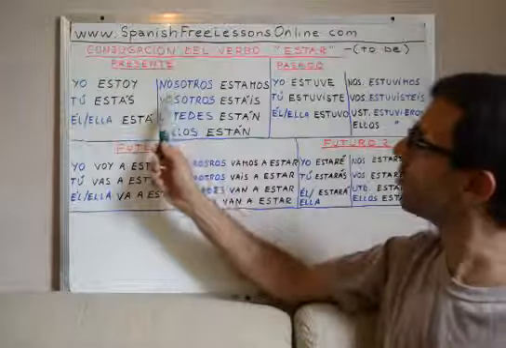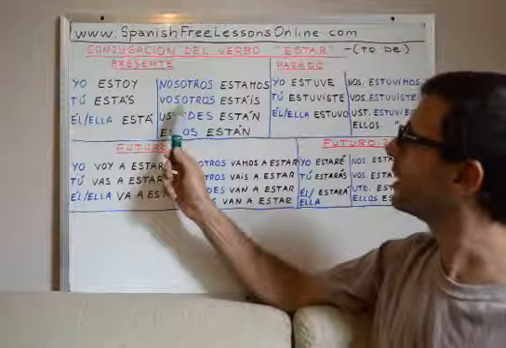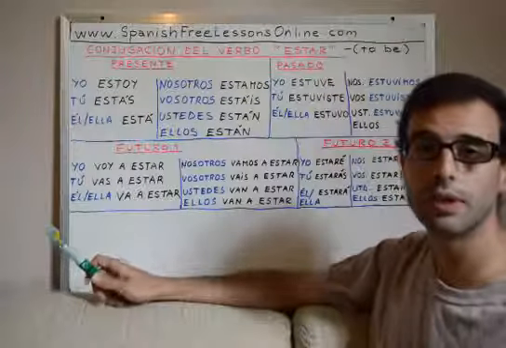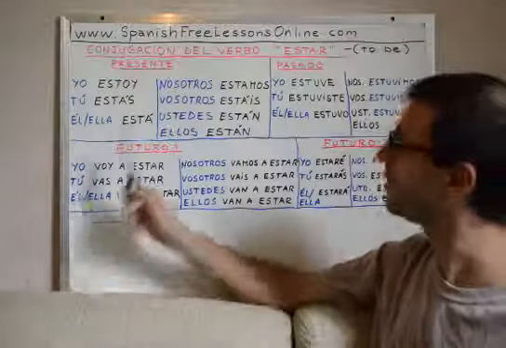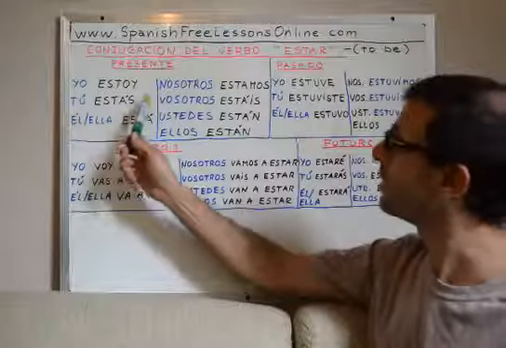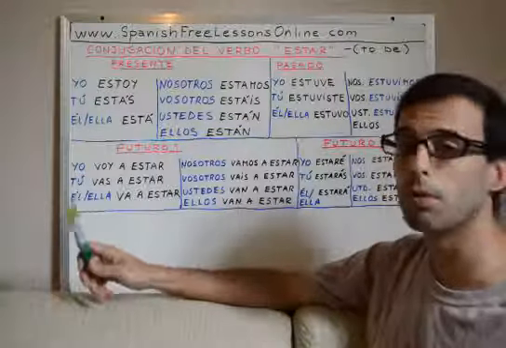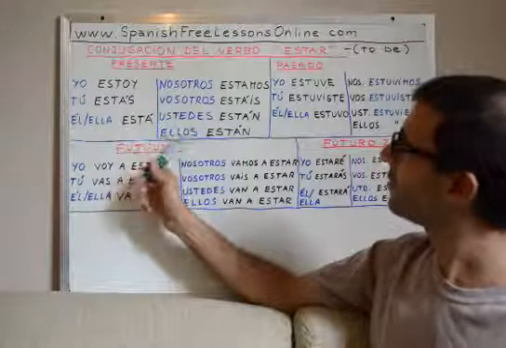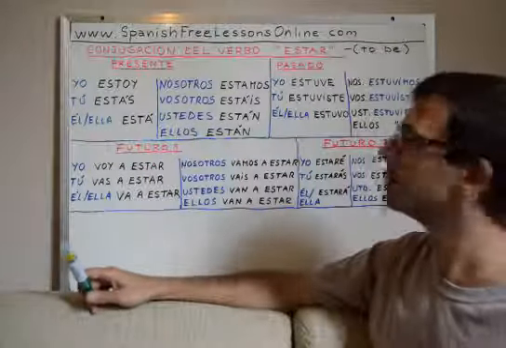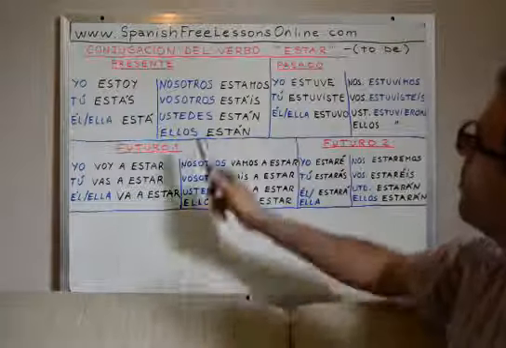Remember that vosotros is as it's spoken in Spain, and ustedes, that's how they speak in Latin America, okay? So vosotros and ustedes are synonyms, they mean the same thing, only that this one is used in Spain, this one is used in Latin America, and they are both correct. Ellos están means they are. Okay, let's go.